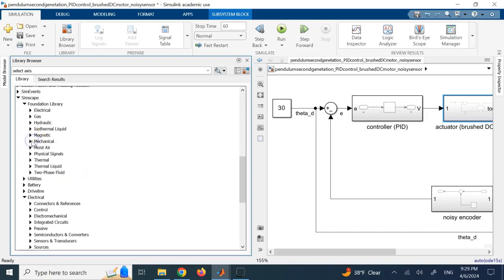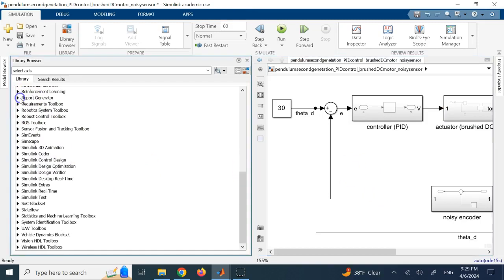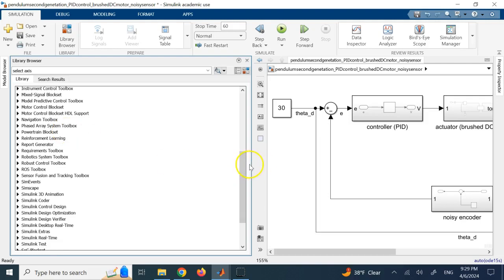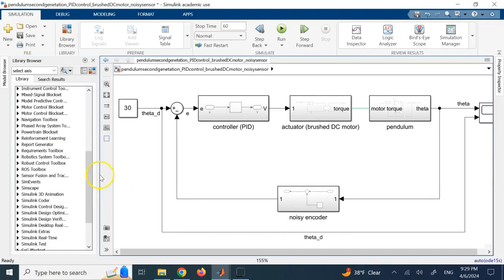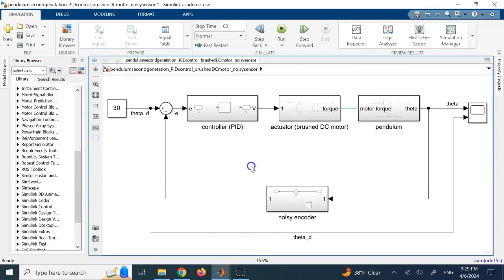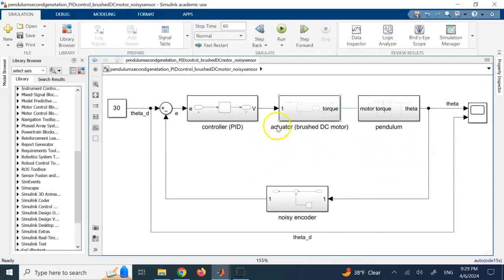Most of the blocks that I used are here, and these are called second generation blocks, and you do not really need to provide much graphics. Of course, they do not show you animation at the end, but hopefully you saw that this is a close simulation to an actual physical system.